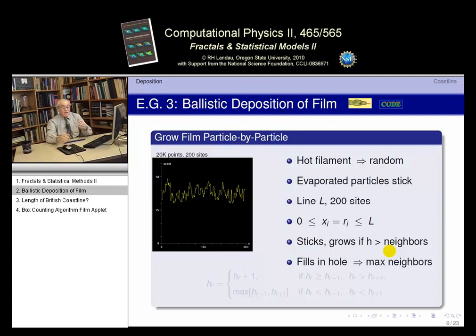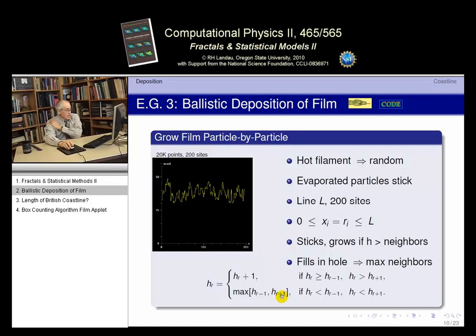Or if there's a hole someplace here, and the particle goes in the hole, it's obviously going to stay in there and fill up the hole. So rather than waiting forever, we speed up the simulation and say, okay, if there's a hole and the particle goes there, just fill it up so it levels out with its neighbors, because then it'll obviously fill out up until it gets there. So that's it. So that's the algorithm. Okay?